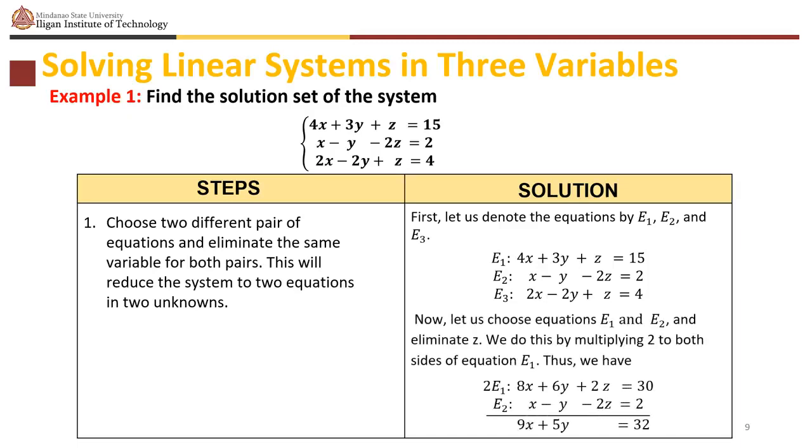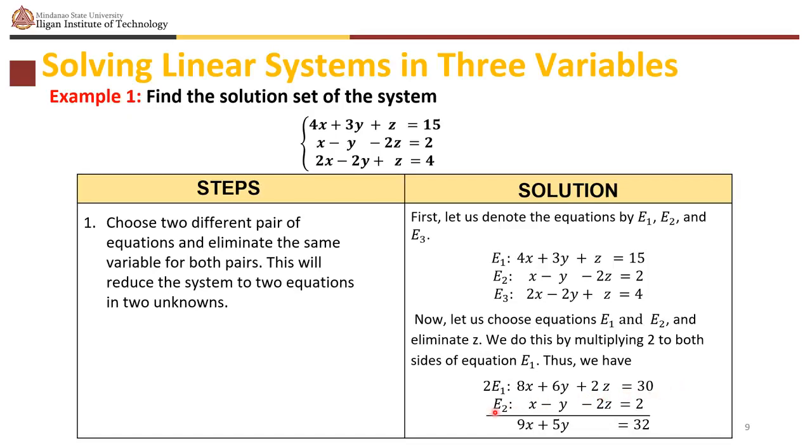Now let us choose equations e sub 1 and e sub 2 and eliminate z. We do this by multiplying 2 to both sides of equation e sub 1, so that 2 times e sub 1 gives us 4x plus 3y plus z is equal to 15, so it becomes 8x plus 6y plus 2z is equal to 30.